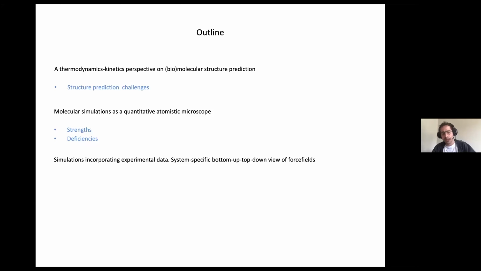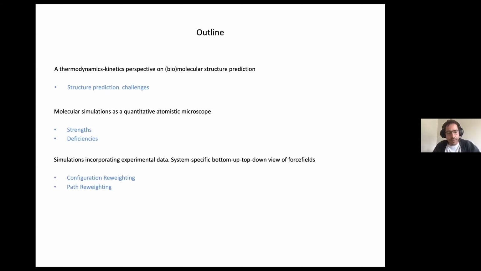So thereby we're relying on first-principles-based configurations. So that's how we see incorporation of experimental data into molecular simulations as a system-specific bottom-up and top-down approach.